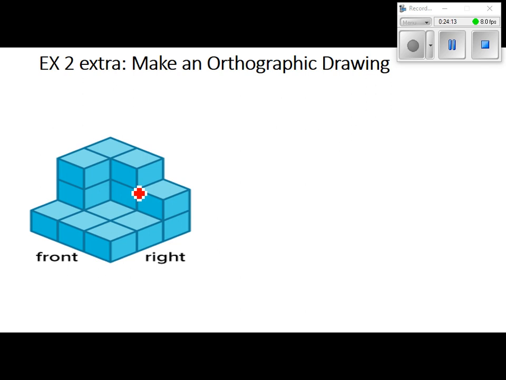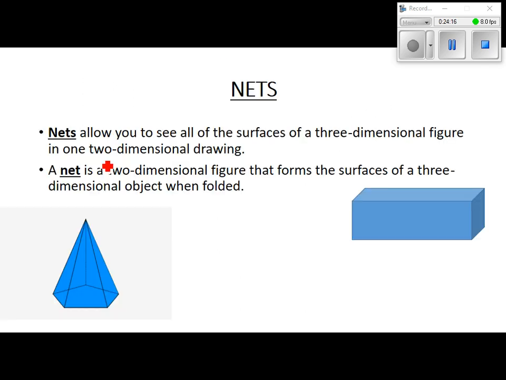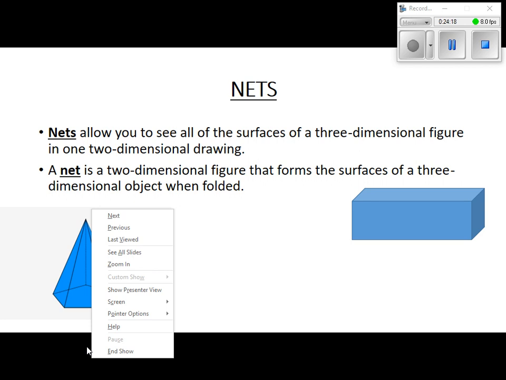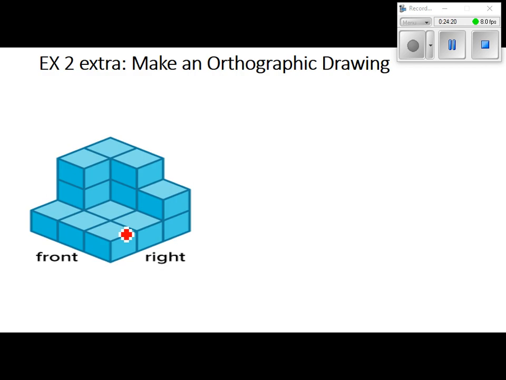So on this one, make an orthographic drawing. If I'm looking at this, first I'm going to make a top drawing.